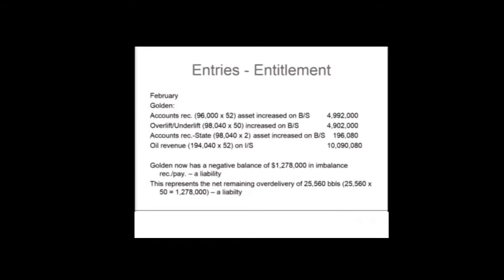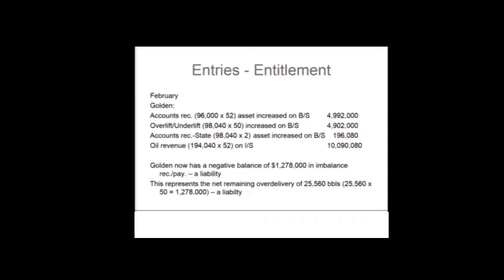An underlift, we're going to say, is going to increase that over-under account. Now, last month we overlifted by more than this, by 123,600 barrels. So what we're doing is making up for part of last month's overlift, but not all of it.